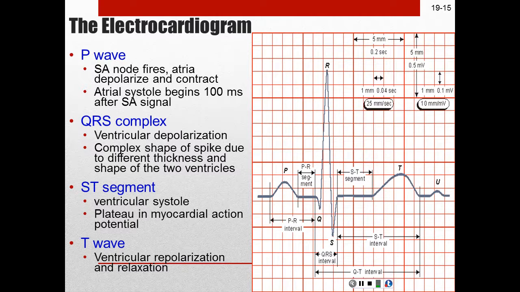Now the ST segment corresponds to the plateau in the myocardial action potential and is the time during which ventricles contract and eject the blood. That's our ST segment. Now with our T wave, the ventricles take longer to repolarize than to depolarize.